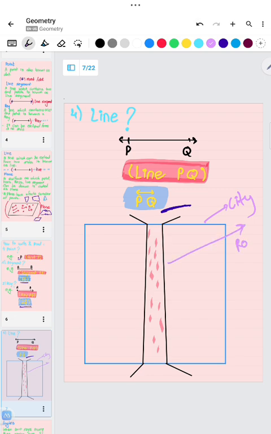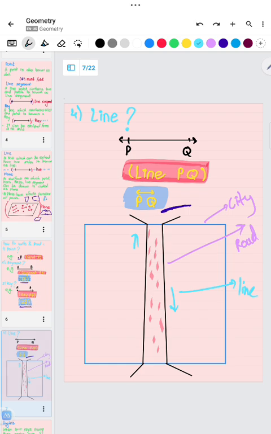These small dots are vehicles. Here the vehicles are going upside and downside also. Here that is line. It is going from this side and this side. It is extending from both sides.